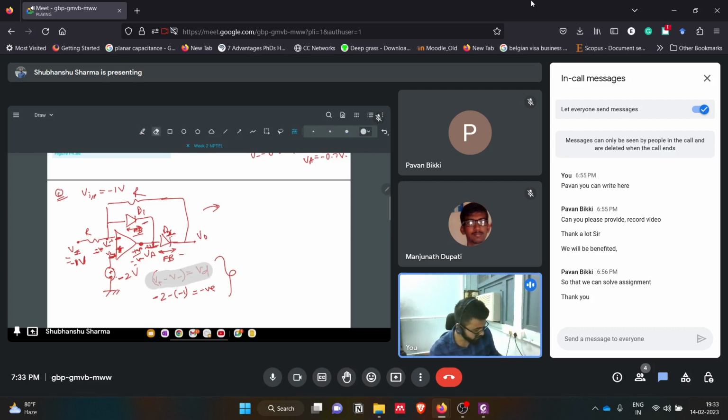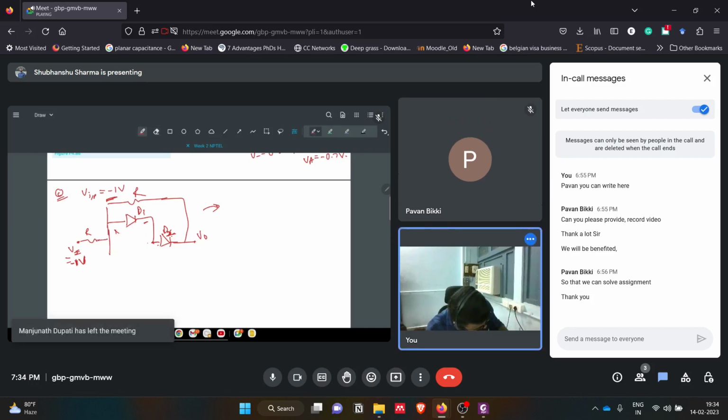Okay. So this was a little deviation from the main question. What we were doing, the input voltage was minus 1 volt, and I'll just remove this. So this was grounded, this is minus, this is plus.